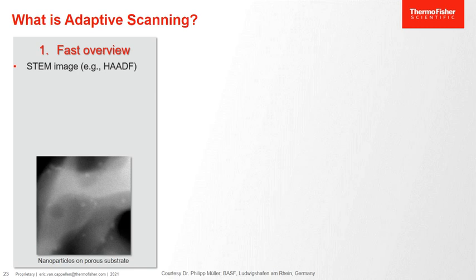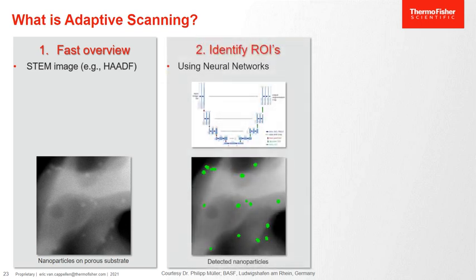And then they use a neural network that was properly trained to detect all the particles on the substrate. And so they run the neural networks, and then they get the green dots here, which are all the particles from the left-hand side image.